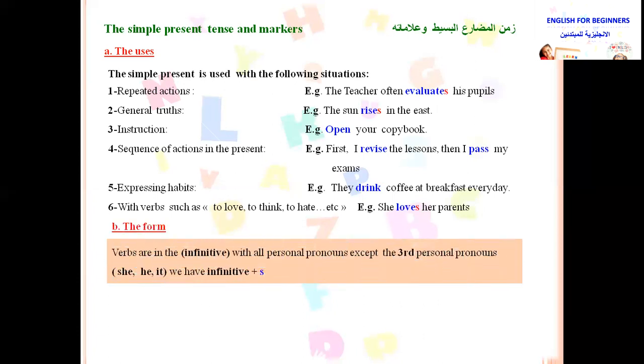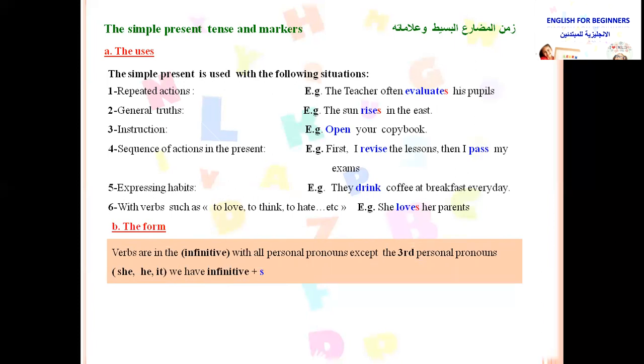The form, concerning the way to form the simple present. Here we only need to put the verb in the infinitive with all the personal pronouns, I, you, etc. There is only an exception with the third person pronouns she, he, it, where we have to add the letter s to the verb.